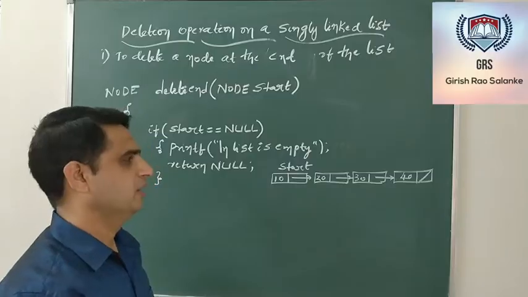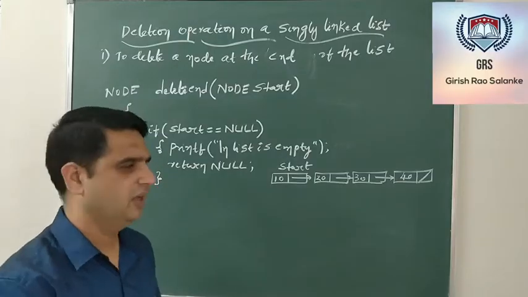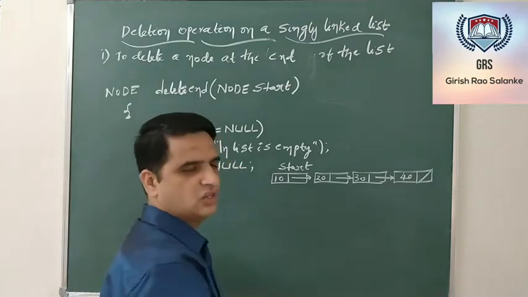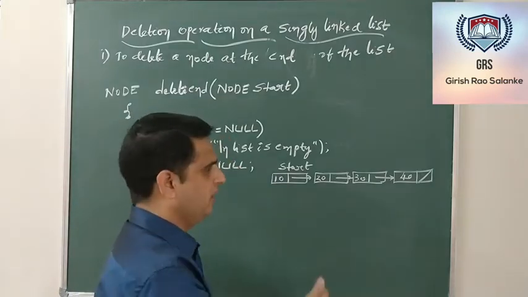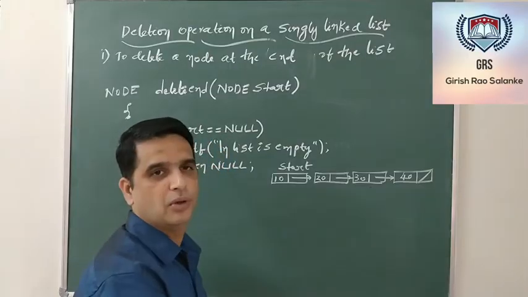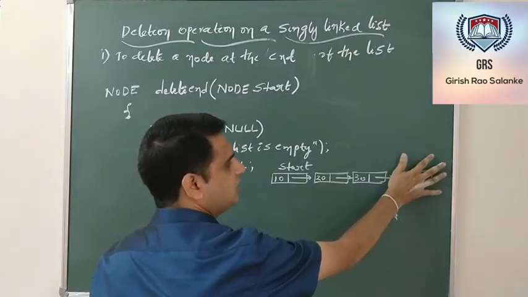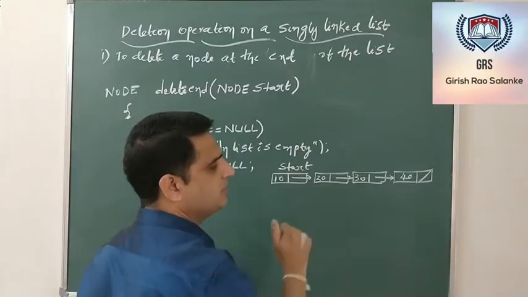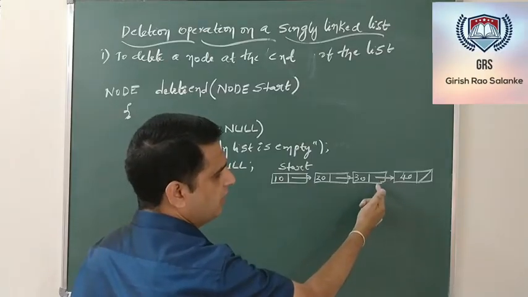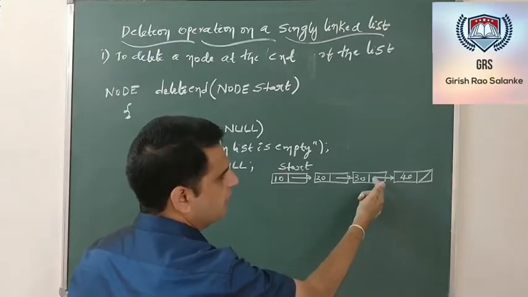But unluckily, I don't know the address of the last node. The only thing that I know is the address of the first node. From the first node, I can traverse till the last node. But while traversing, I should also get the reference of the last but one node. Why? Because once I delete, the last but one node becomes the last node, and in case of a single linked list, the last node should hold null.